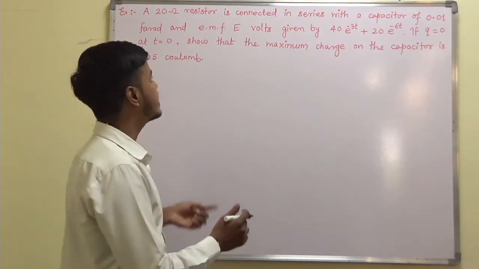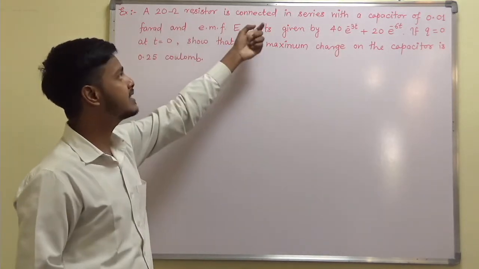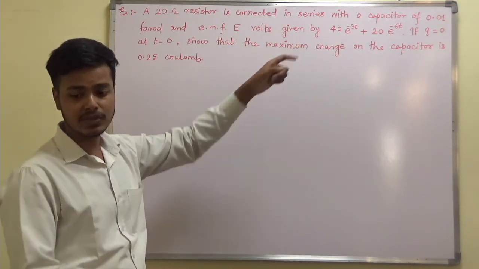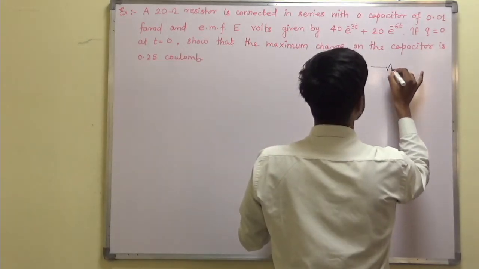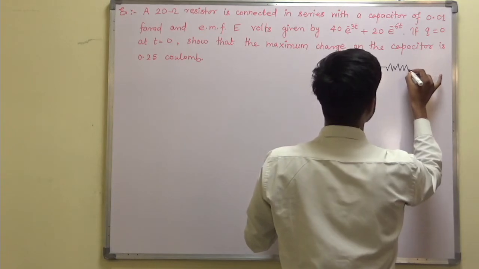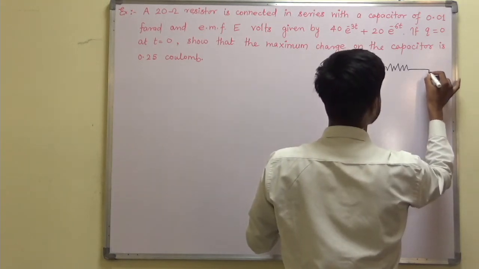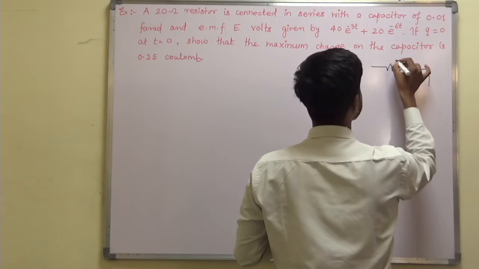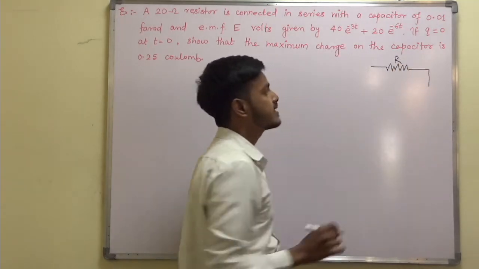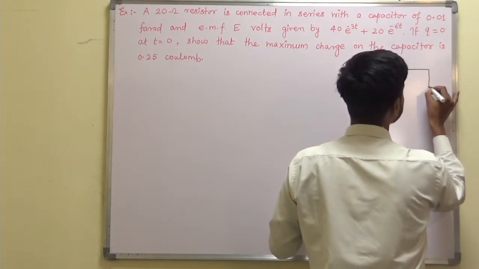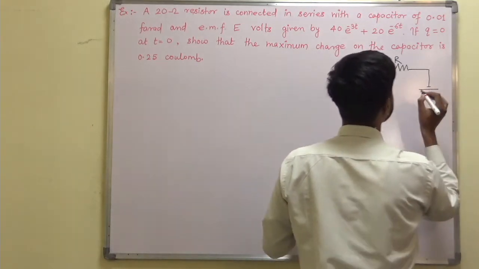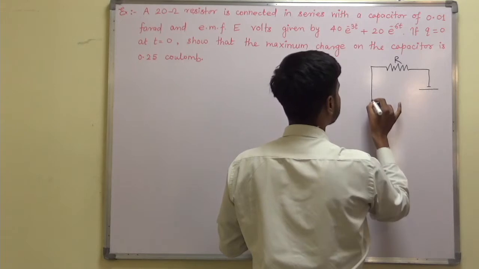Okay, so what is given? A 20 ohm resistor is connected in series with a capacitor. So we are given a resistor connected with a capacitor. This resistor of 20 ohm is connected with the capacitor in series, of course.